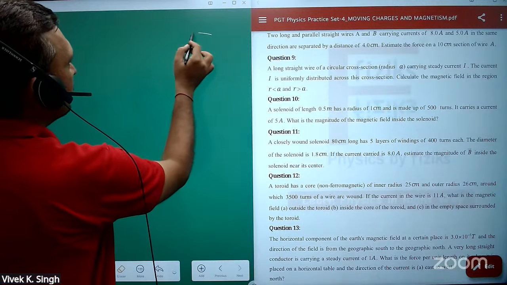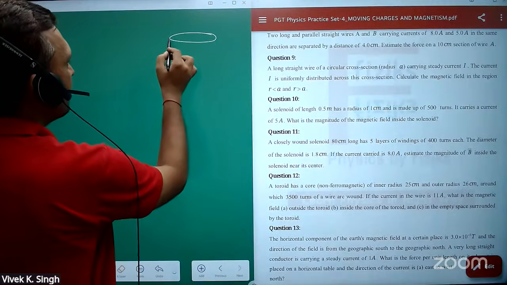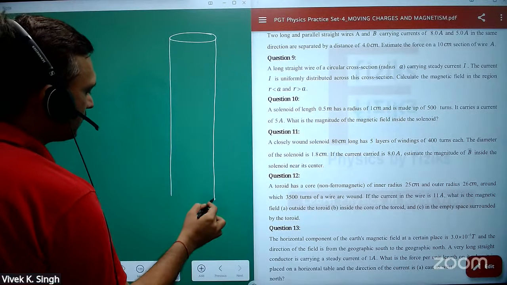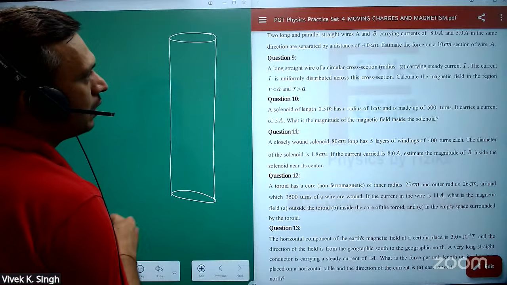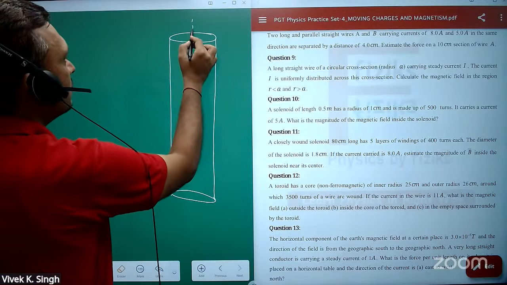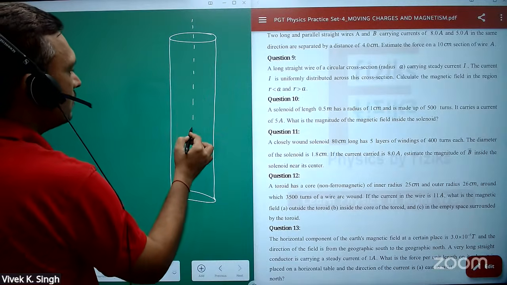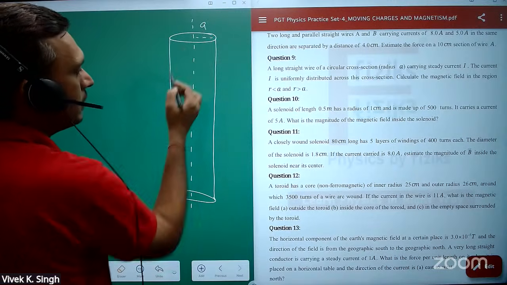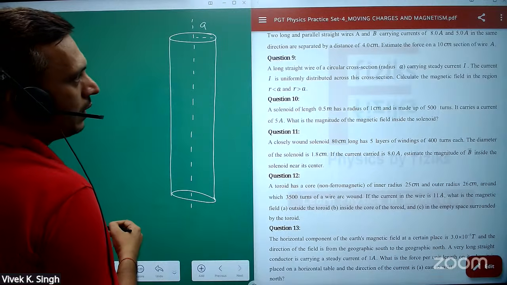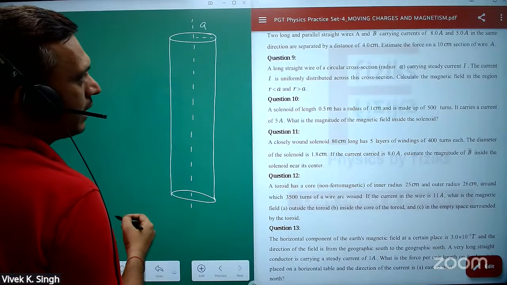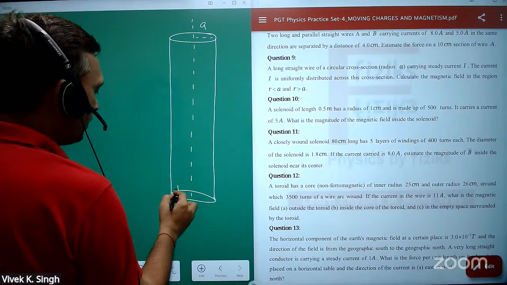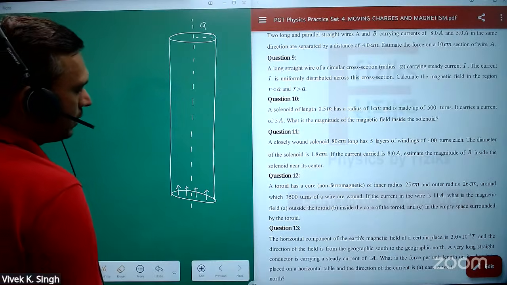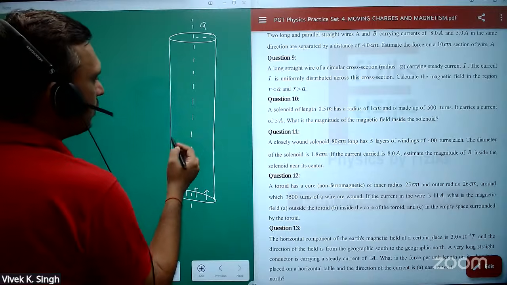So you have a circular cross section, and this radius is A. And steady current I is uniformly distributed throughout the volume.